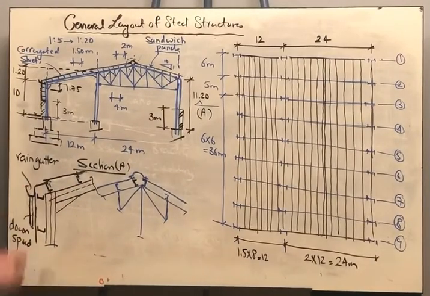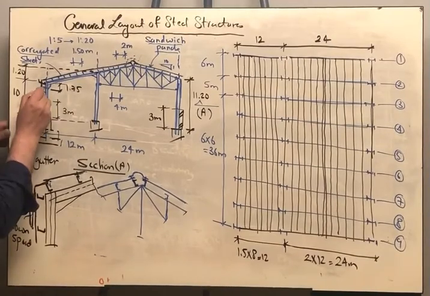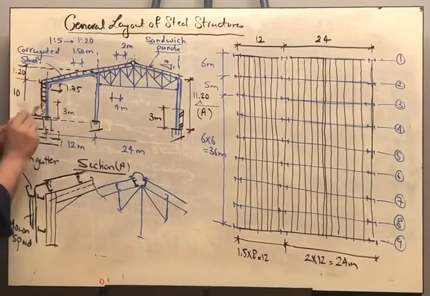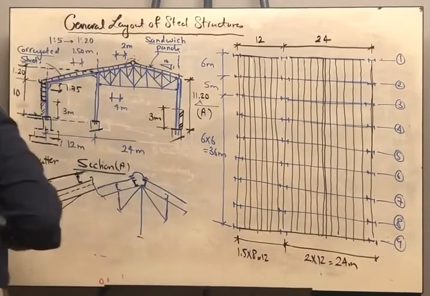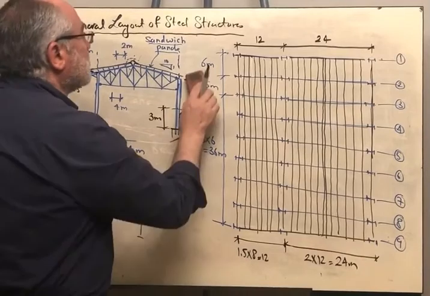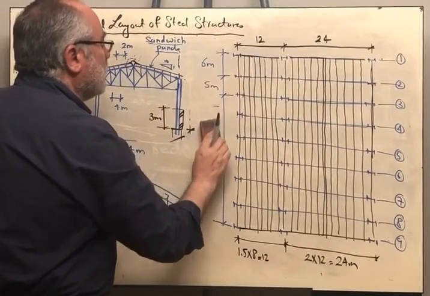We can divide this into 5 equal spaces, or we can follow the spaces that we selected here 1.75, so there will remain for us one spacing at the top, it will be 1.2.